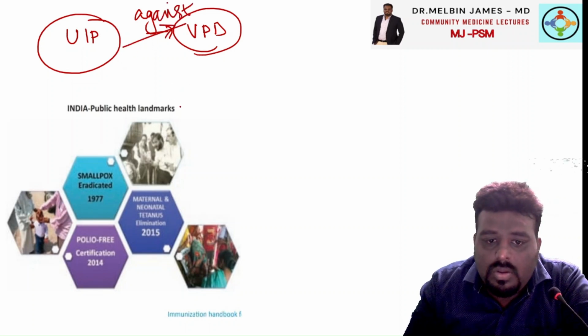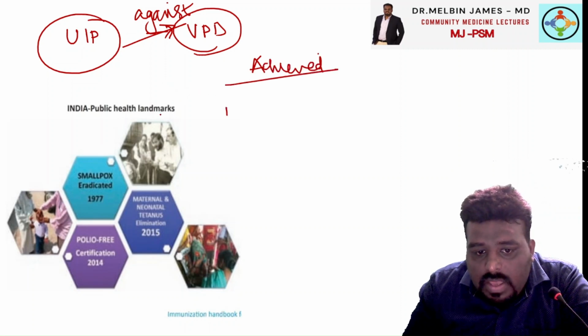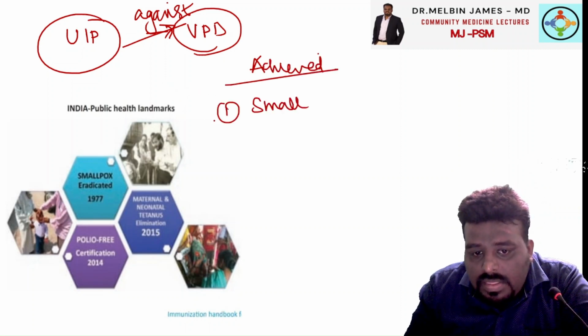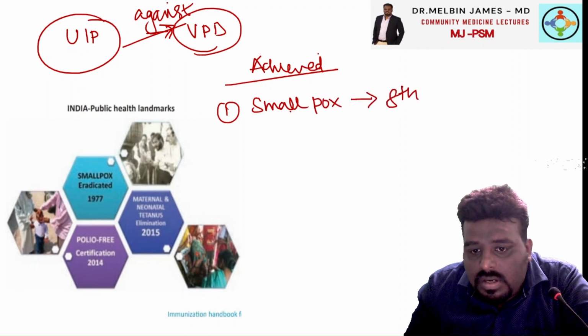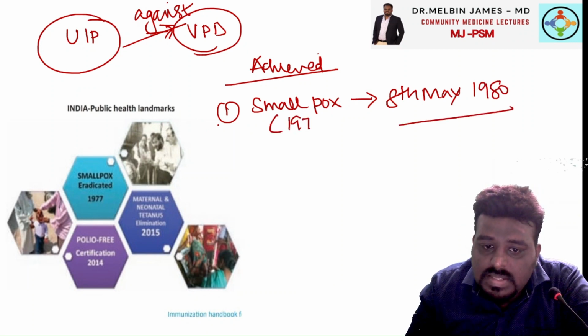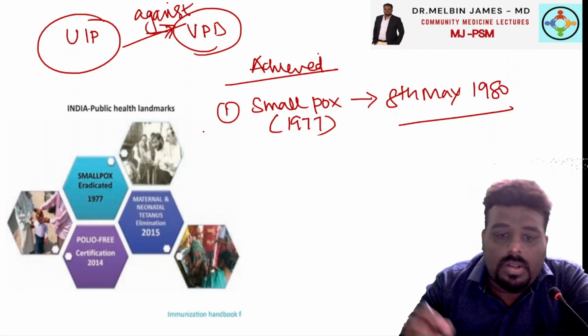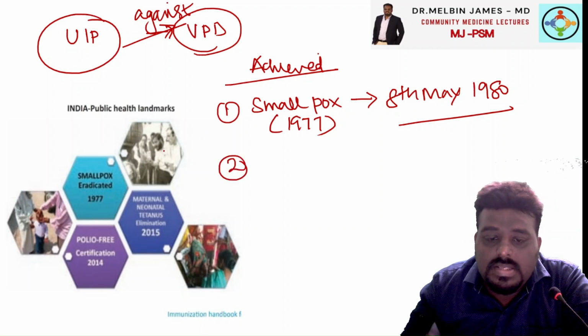What we have achieved so far with this program is that the only disease which has been eradicated in the world is smallpox, and the certification was given by WHO on 8th May 1980. Smallpox had been eradicated in 1977 itself, but WHO gave the certification in 1980.